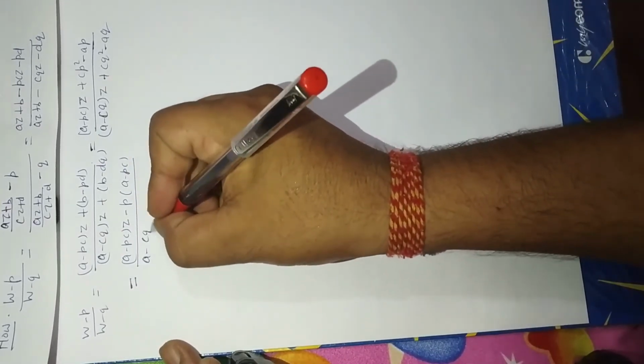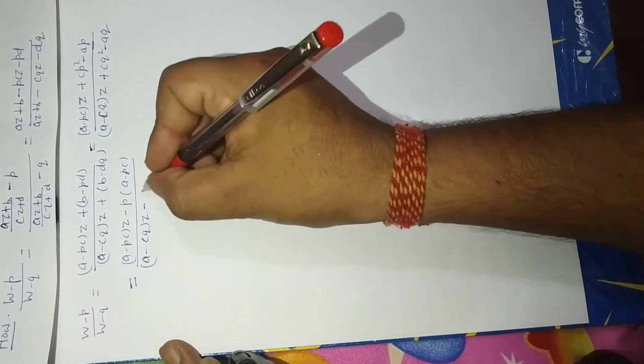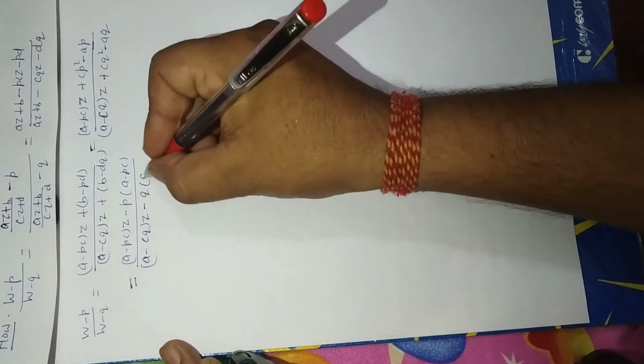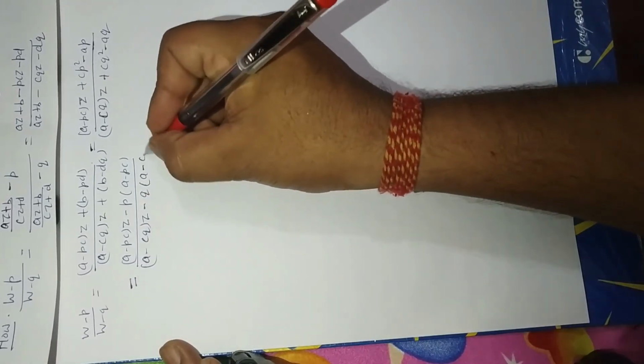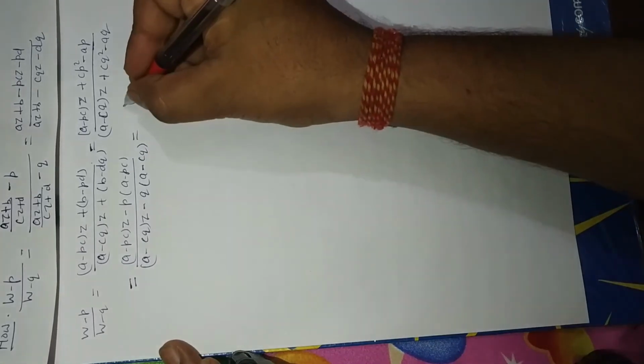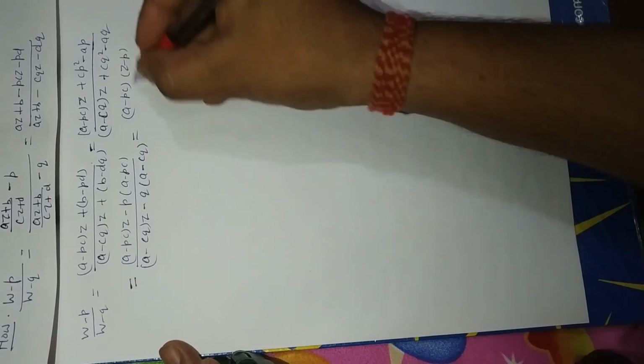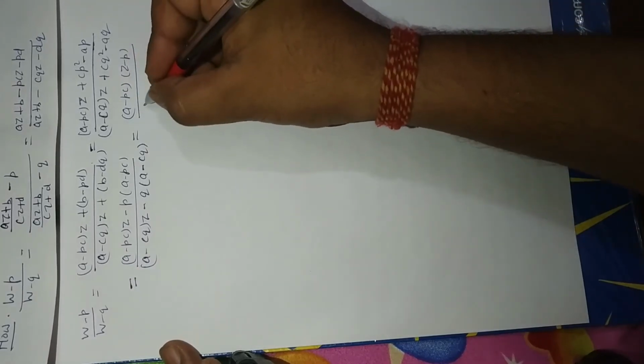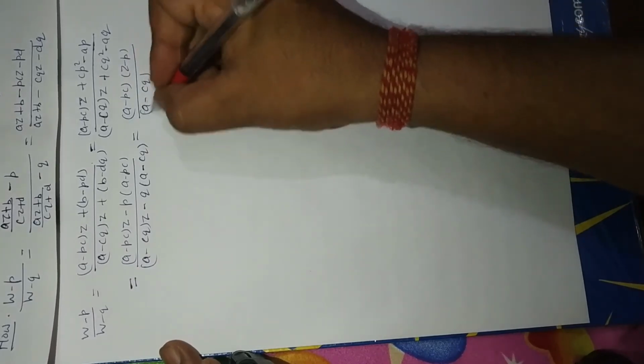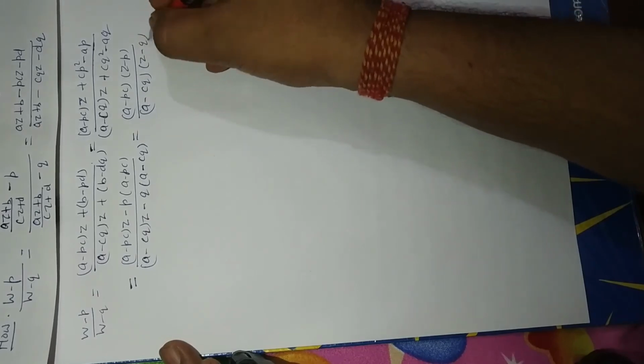Similarly (A minus CQ)Z, Q common, A minus CQ. This is equal to (A minus PC)(Z minus P) upon (A minus CQ)(Z minus Q).